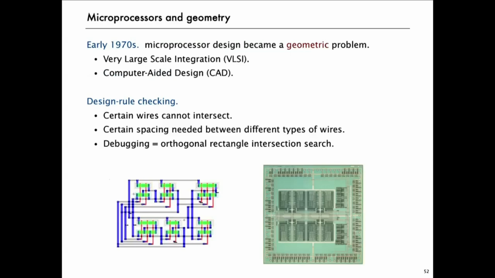And this is historically an extremely important problem. In the 1970s, when we switched to very large scale integration for computers, we were switching from a situation where we were wiring physical devices together to a situation where we were essentially drawing the computer.